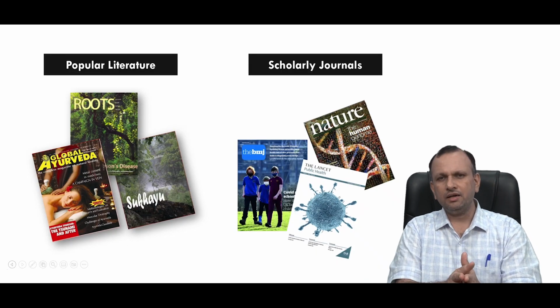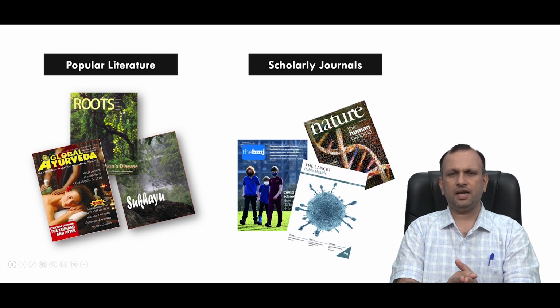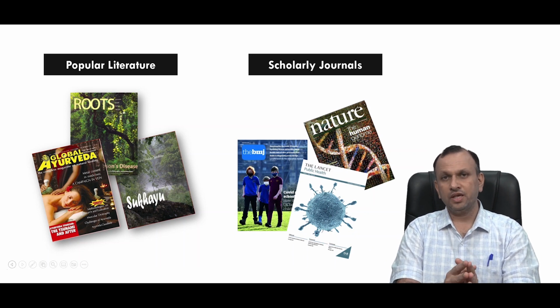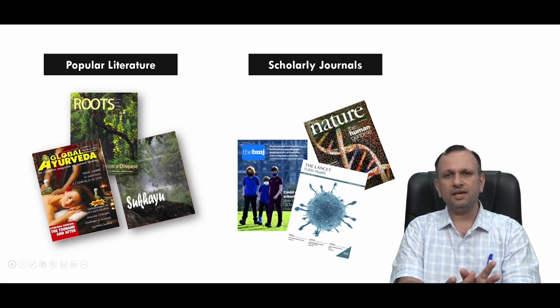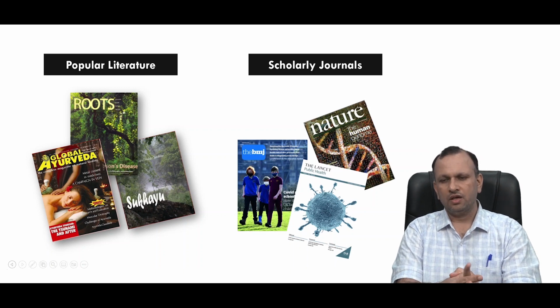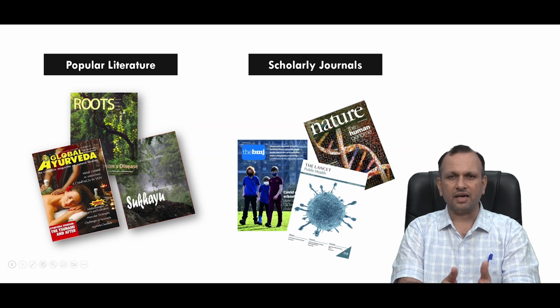The one very important distinction that one needs to make between different types of publication platforms is to identify which one belongs to popular literature and which one belongs to scholarly literature. So, for example, the monthly or weekly popular magazines, which laypersons read, who are not experts in the field, right?